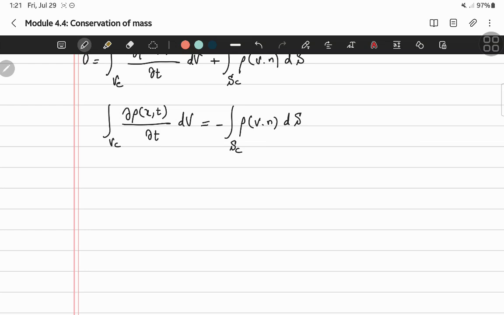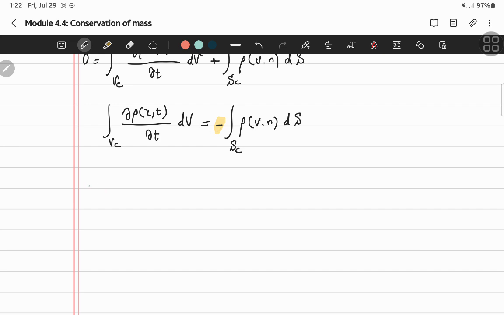So basically it says that the rate of change of the mass, because rho dv is mass, the rate of change of mass inside your control volume is equal to, and look at this minus sign, the mass influx, or the mass that enters from the boundary.